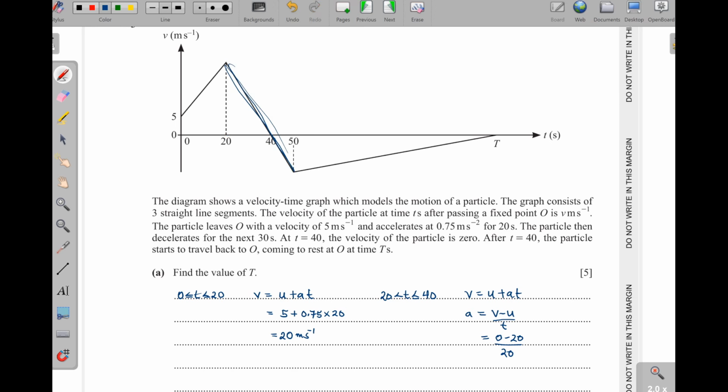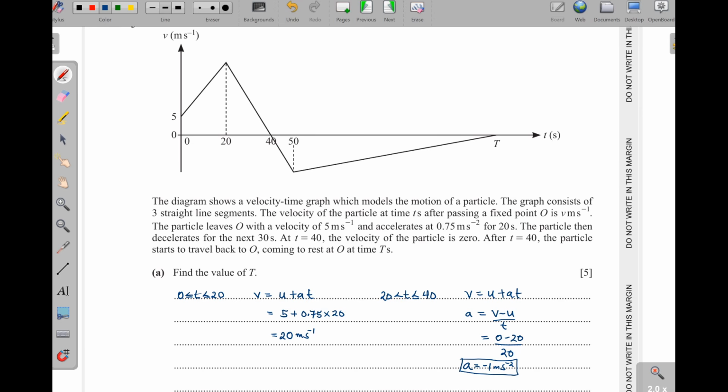And remember, the gradient of a straight line is always constant. On a velocity time graph, we are seeing change in the vertical axis, which is the velocity, and change in the t-axis, that is the time, and that gives us acceleration. So the gradient on a velocity time graph is acceleration. This one gives us negative 1 meters per second squared.